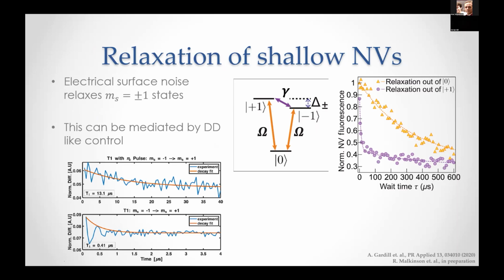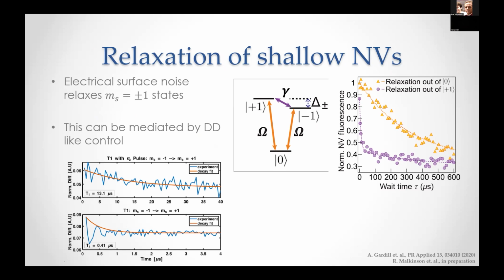So this is relaxation out of zero in yellow and relaxation out of plus one in purple. The relaxation from zero is governed by these rates, taking it from zero to plus or minus one. But the relaxation from plus one includes also this gamma. And apparently this gamma is fast for these shallow NVs. That's the bottom line of this talk.